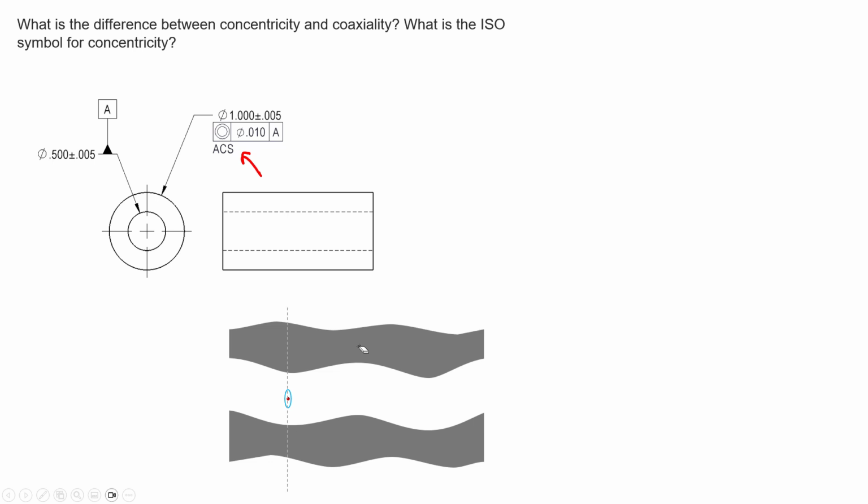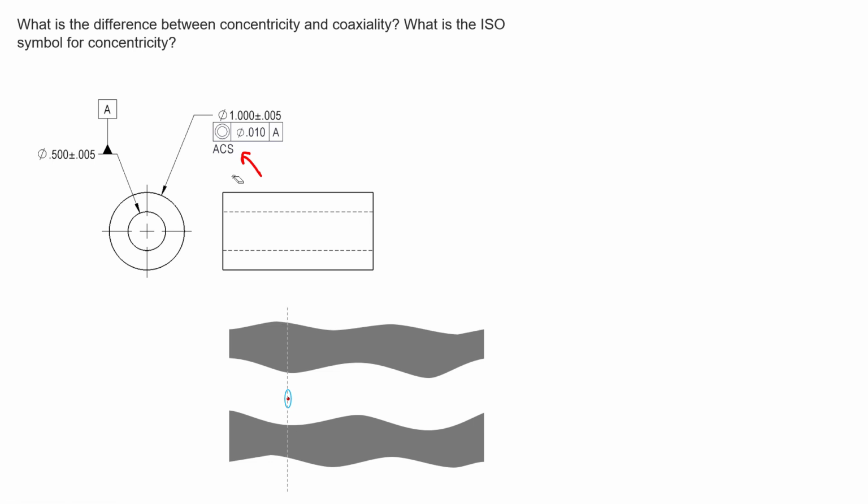It's any cross-section, but separate from the other cross-sections. So we would have a datum point here, and a tolerance zone centered on it. We can measure the points here and the points here and get a center point. As long as the center point of that cross-section for the feature is close to the center point of that cross-section for the datum, we've met concentricity.